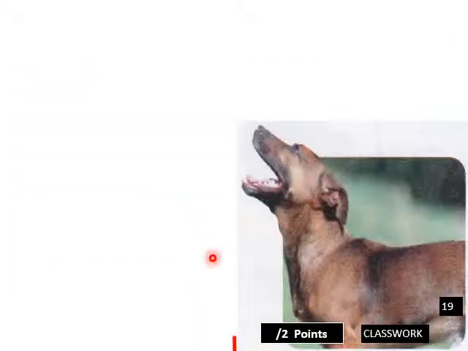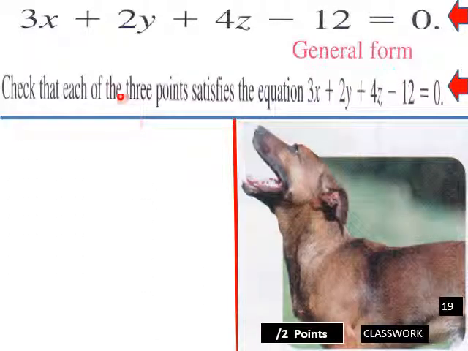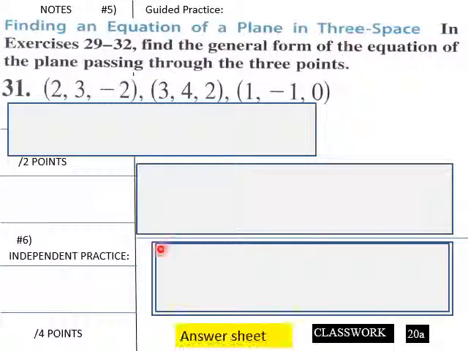When we simplify, we factor out a 3 and have 3x plus 2y plus 4z minus 12 equals 0. Then check that each of the 3 points satisfies the equation, which I'm sure they do.